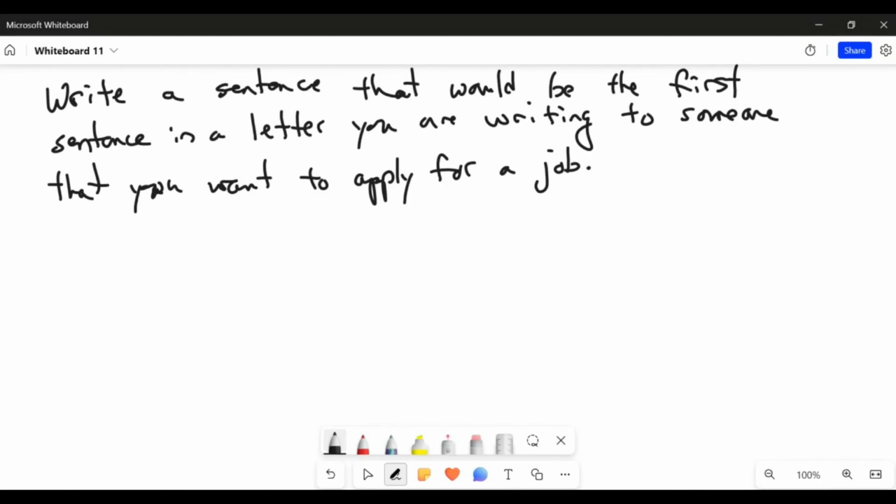So you're writing this letter to someone and you want to apply for a job with this person you're writing the letter to. What would be your first opening sentence? We want factual information.